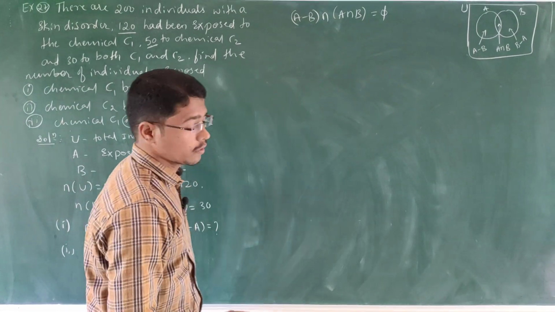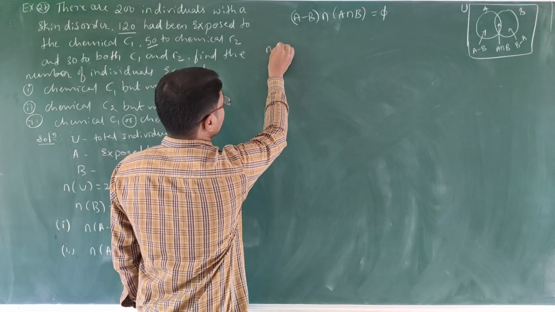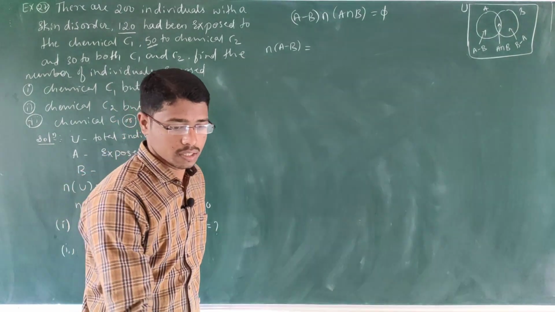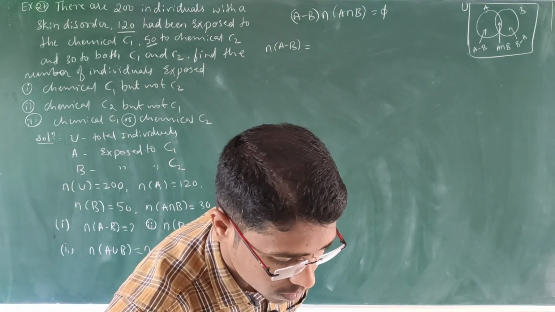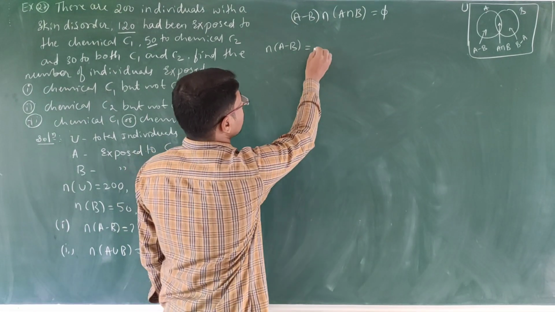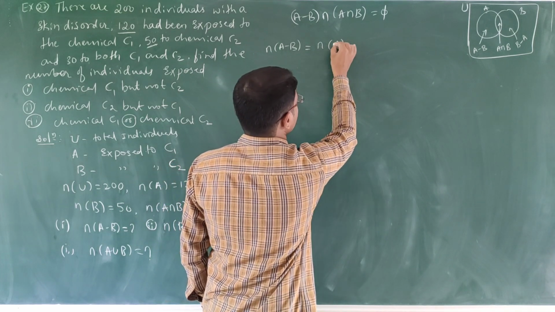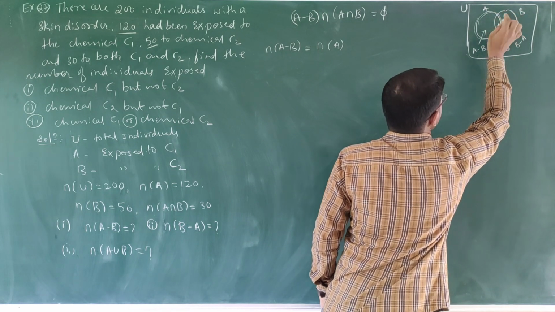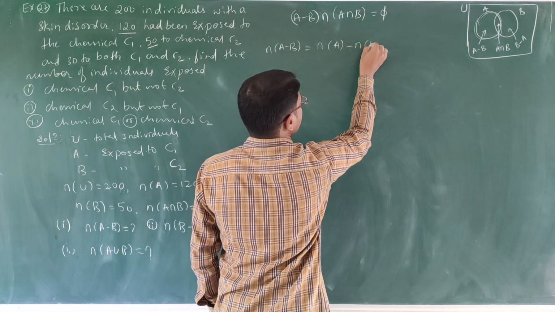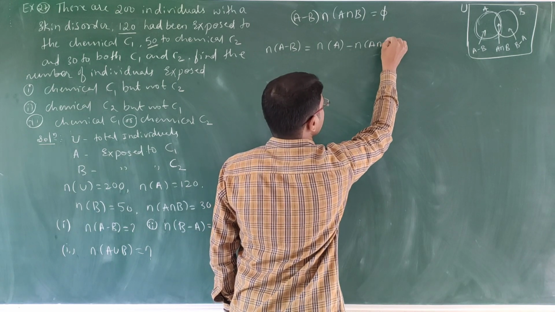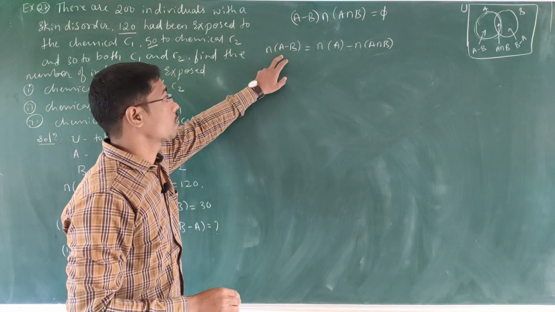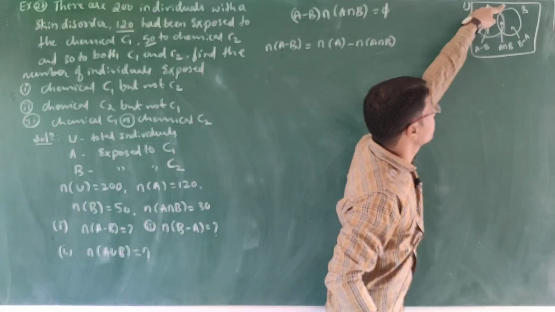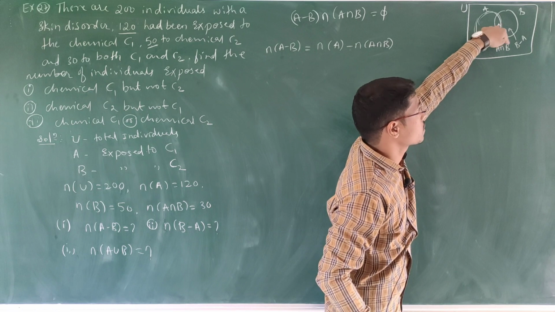We need N of A minus B. This is equal to N of A, the total area, minus the intersected area, N of A intersection B. So using the Venn diagram, A minus B is equal to total A minus the intersected A intersection B area.